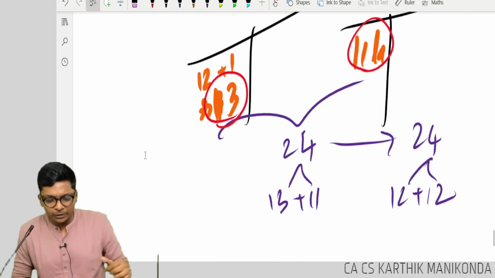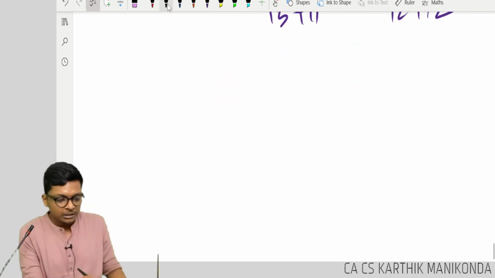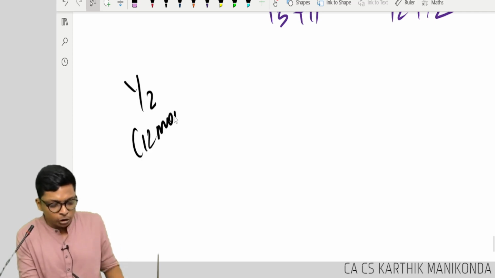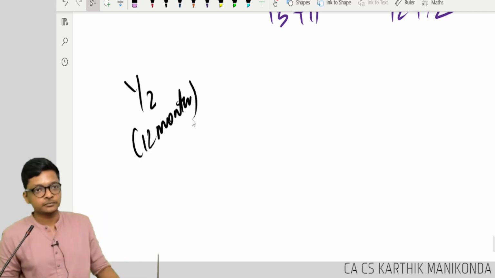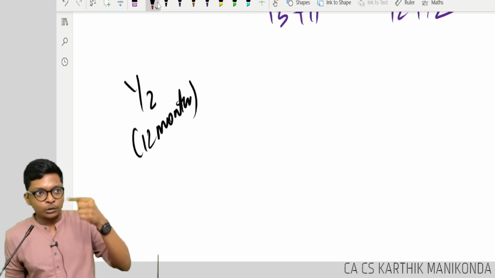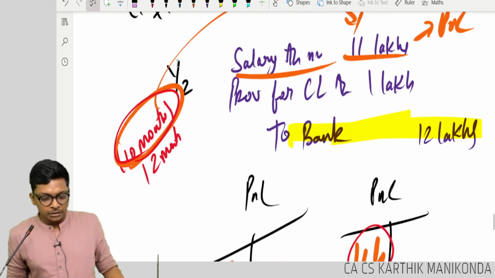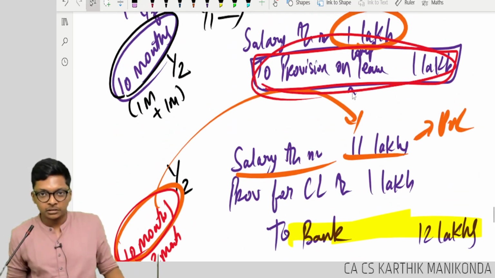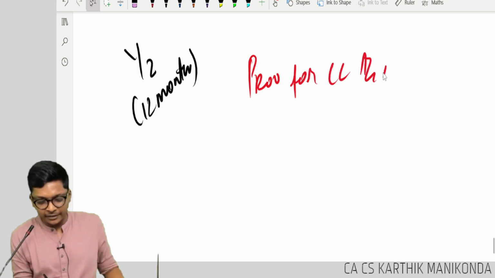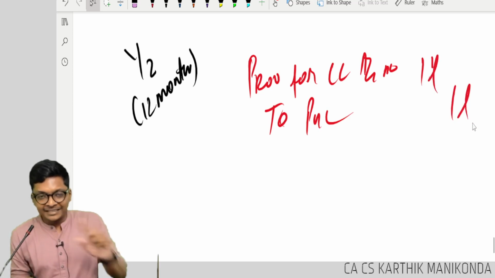Now, let me look at a different alternative for year 2. Let's say that fellow, Rajaram, second year also full 12 months he worked. Okay. So, the first year leave is now lapsing. So, this provision is of no use. Now, my entry will be provision for compensated leave account debit, to P&L, reverse that again.